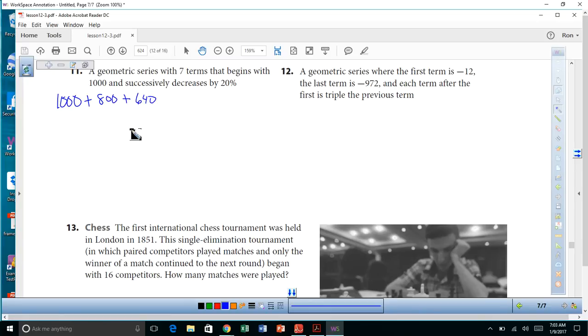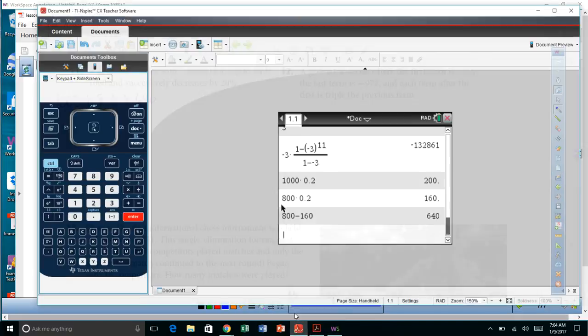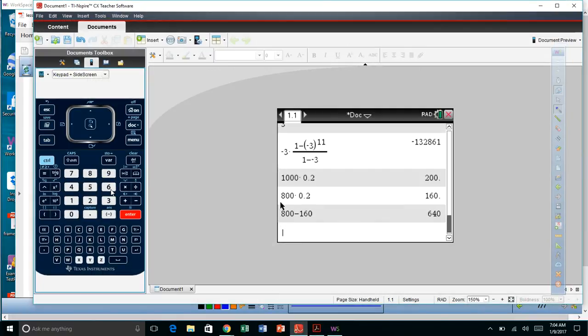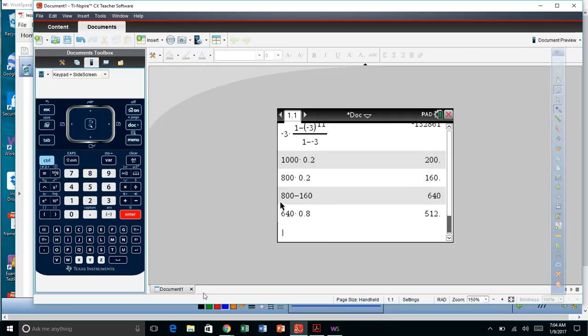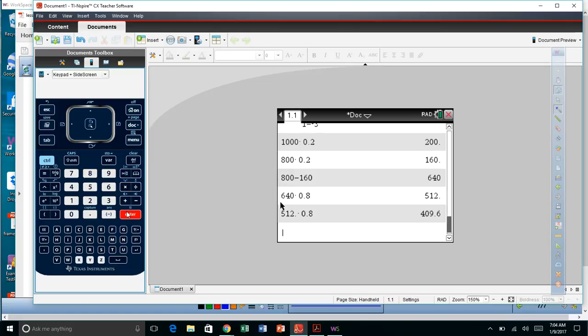Okay. So are you seeing a pattern here? We're actually multiplying by 0.8. So 640 times 0.8, that's 512, times 0.8, 409.6.